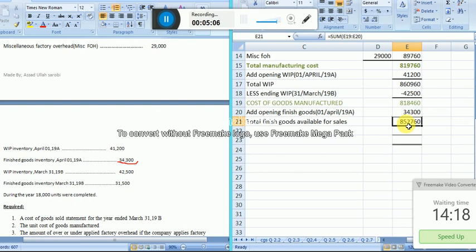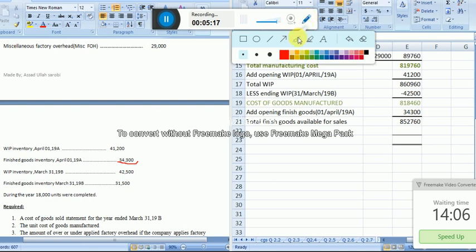So when we check the warehouse record, in the warehouse there are 31,500 finished goods that remain unsold, out of a total of 8,52,760 finished goods.